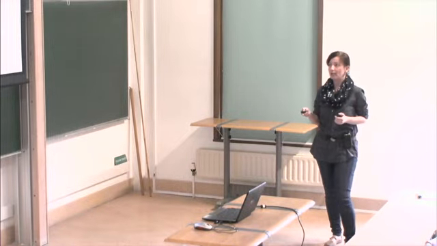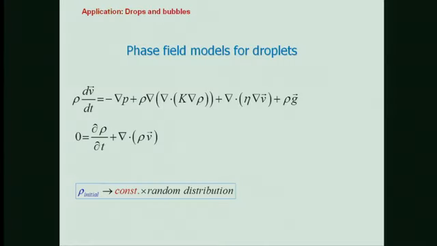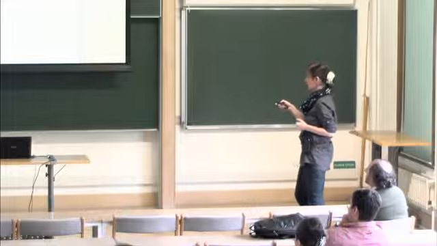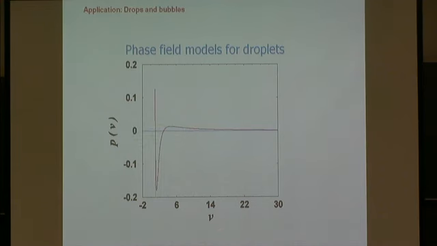Okay, so now the next step was to develop this model for droplets. And this problem has not a stationary solution, but we decided to start it from a random distribution. The constant will control the mass in the system. And if we represent the pressure against the unit of the volume, 1 over rho, we recognize here a van der Waals curve.